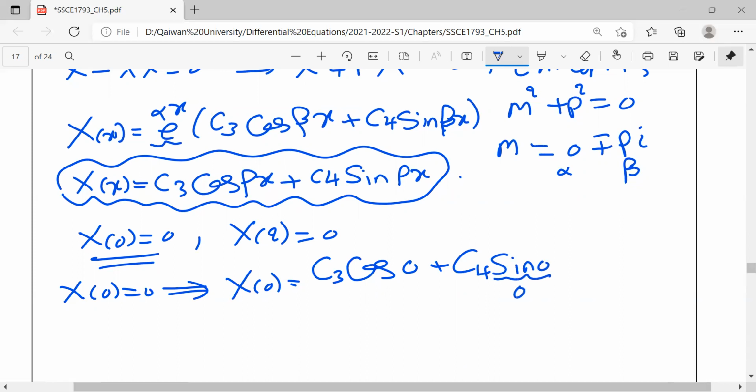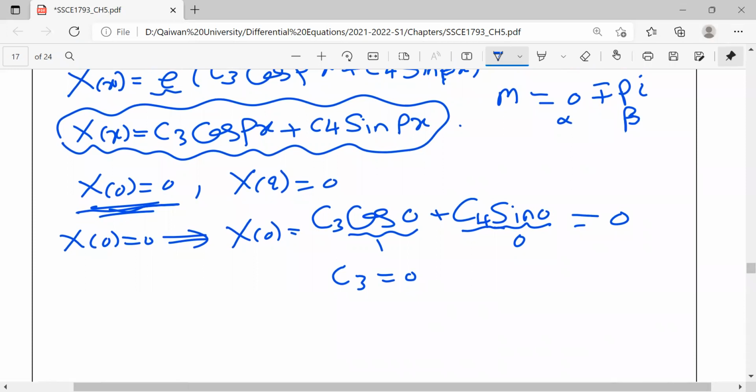Sine 0 is 0, so this term all becomes 0. And this equals 0, because we say X of 0 equals 0. And cosine 0 is 1. In this case, we get that C3 equals 0.